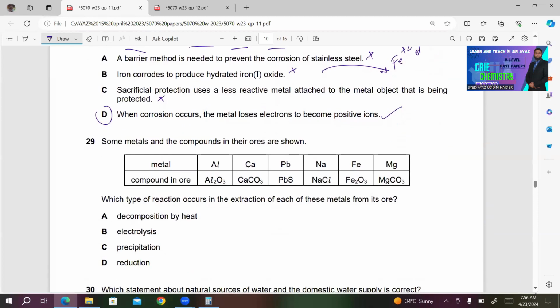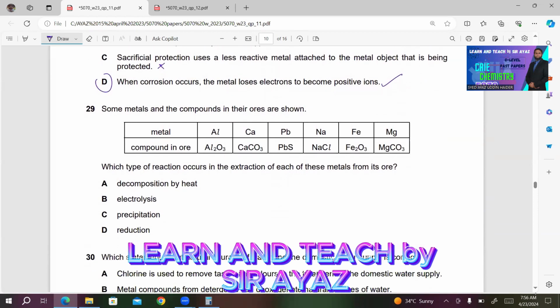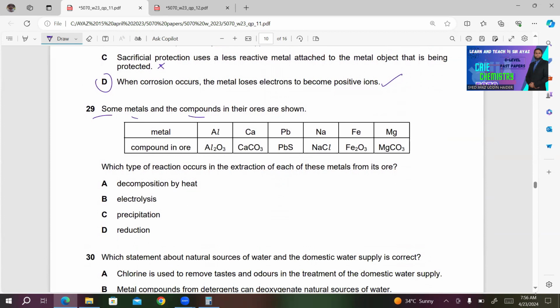29. Some metals and the compounds in their ores are shown. Which type of reaction occurs in the extraction of each of these metals from its ore?